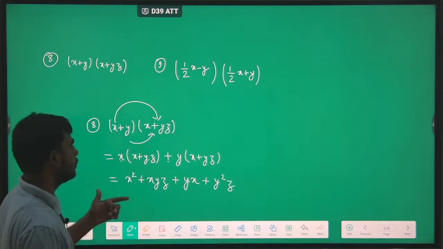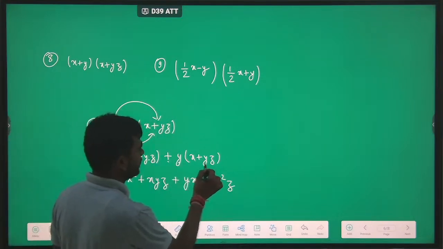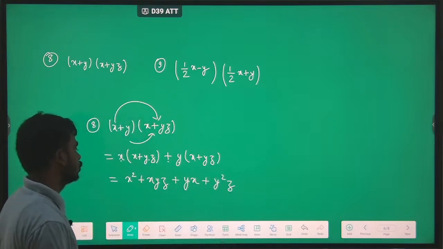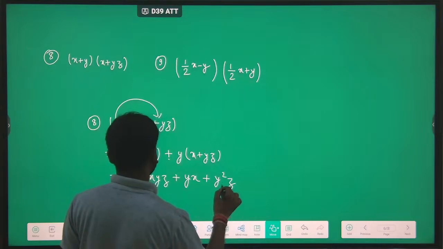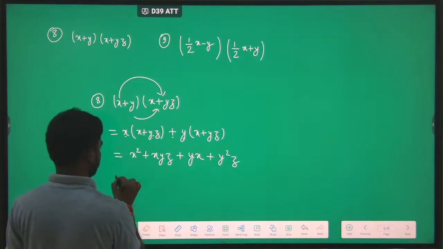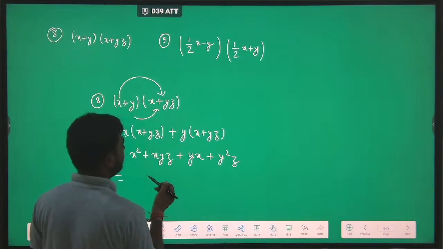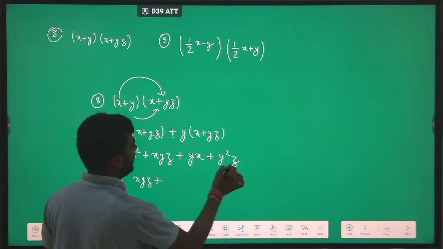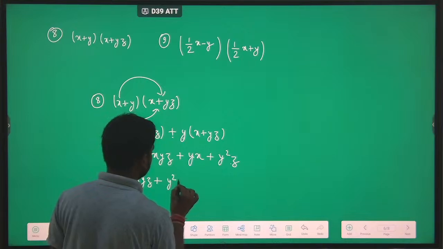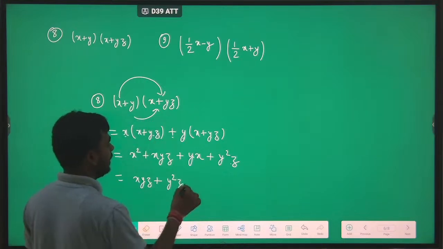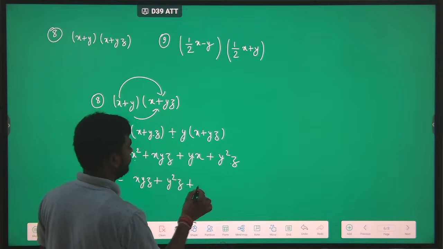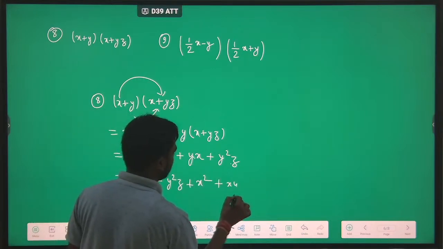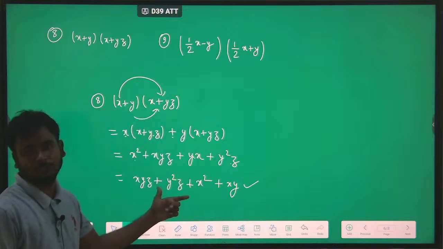Y into y is y square and z is there, so it will be y square z. So we are getting a 3-degree term first, xyz. After that, we are getting another 3-degree term y square z. Similarly, we are getting a 2-degree term, that is x square, and a 2-degree term also, that is xy. So this will be our answer.